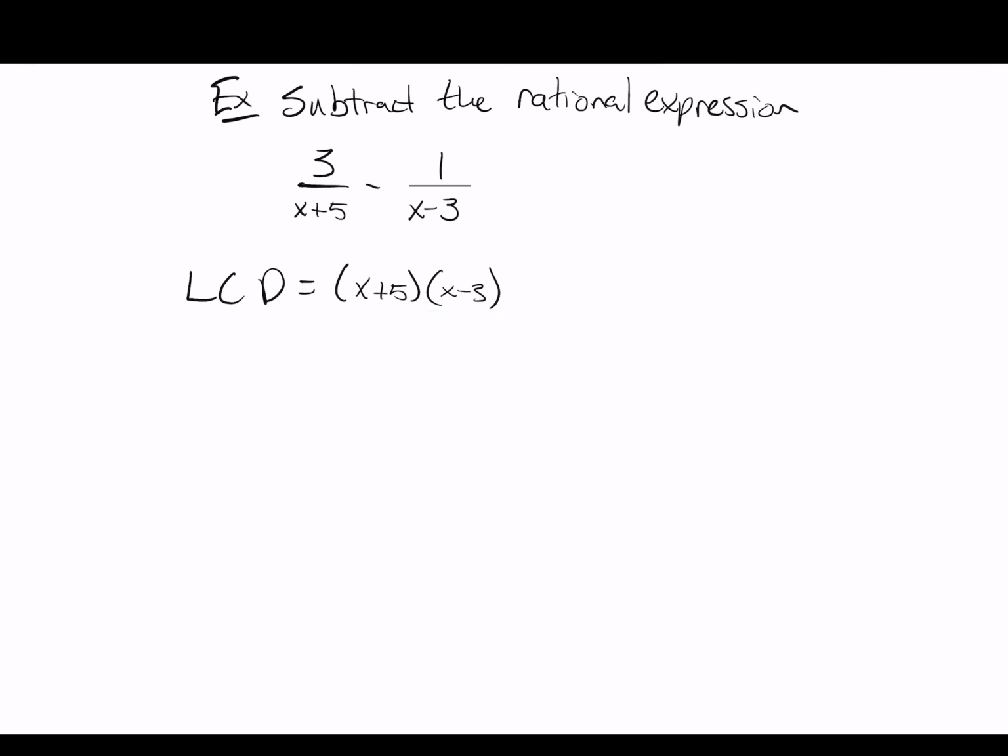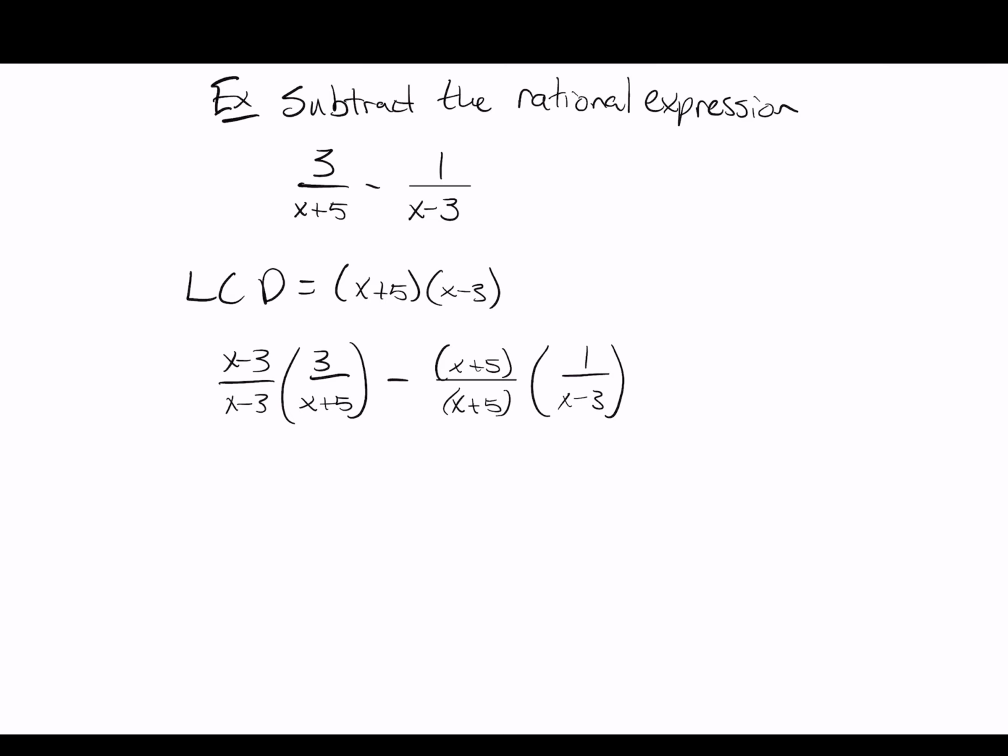So the first term we need to multiply by x minus 3 over x minus 3 to get that LCD as the denominator, minus x plus 5 over x plus 5 times the second part, which is 1 over x minus 3.